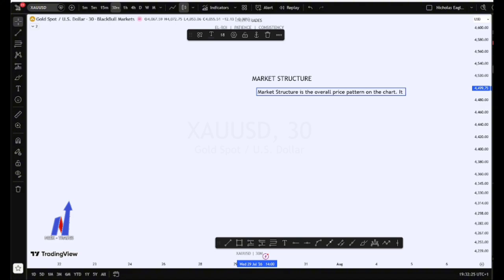It tells us where price is coming from and where price is going.